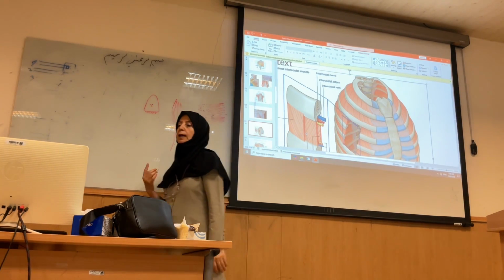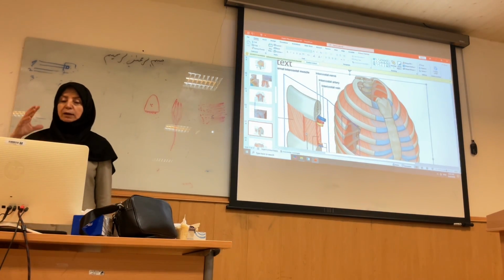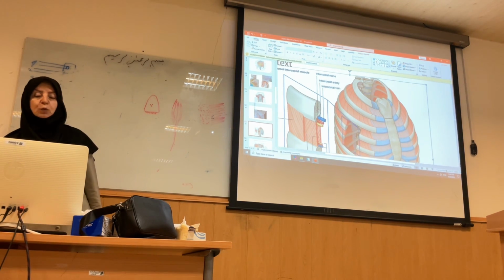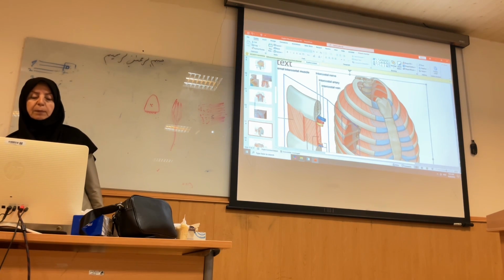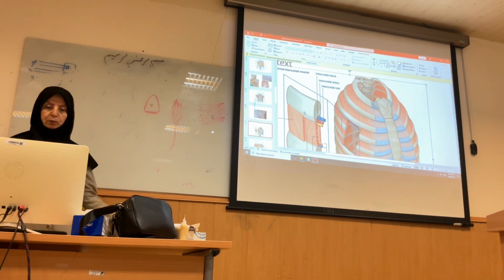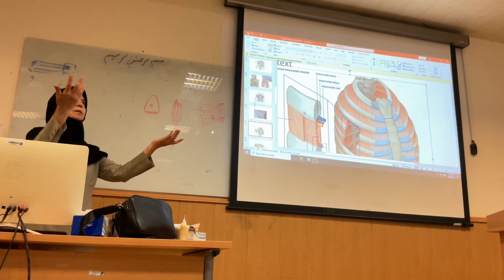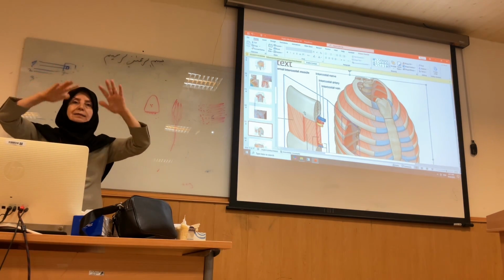Okay? Now, the muscle fibers come downward and forward. Superiorly they connect to the inferior border of the superior rib, inferiorly they connect to the superior border of the inferior rib. Something that I'm going to do here, I'm going to explain that. Such as this room has a floor, has a roof.